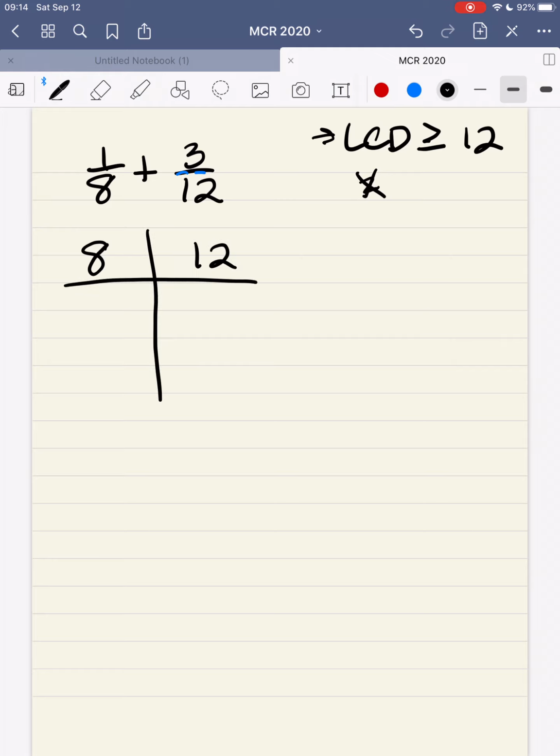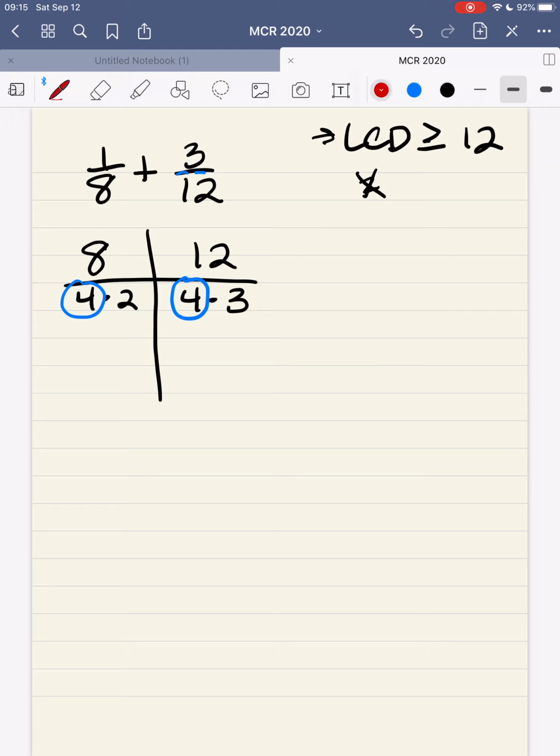So 8 is 4 times 2. If I look at 12, 12 is 4 times 3. Now they both have this 4 in common. So they already have something in common with each other.